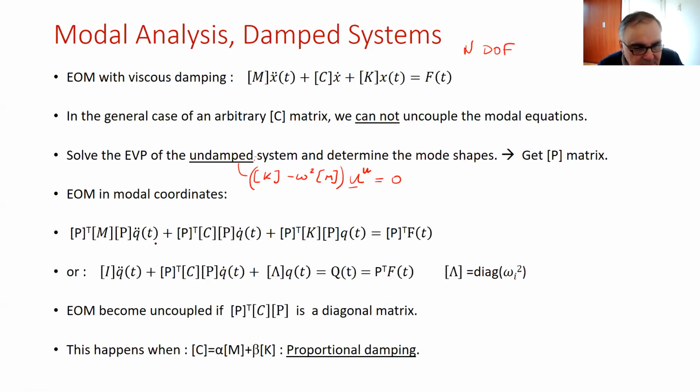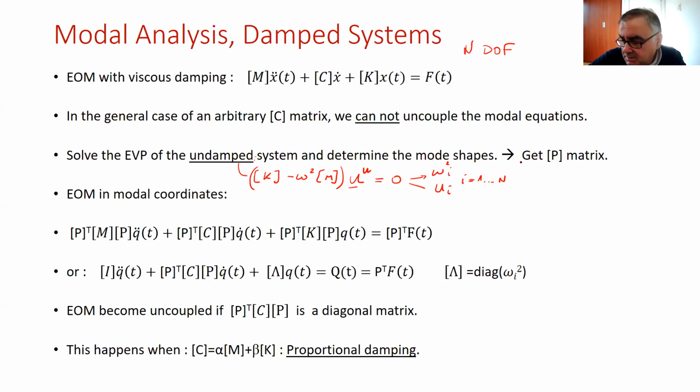This gives you the natural frequencies omega_i squared and u_i for i equals 1 to n. And then you normalize the mode shapes and get your P matrix, the modal matrix.